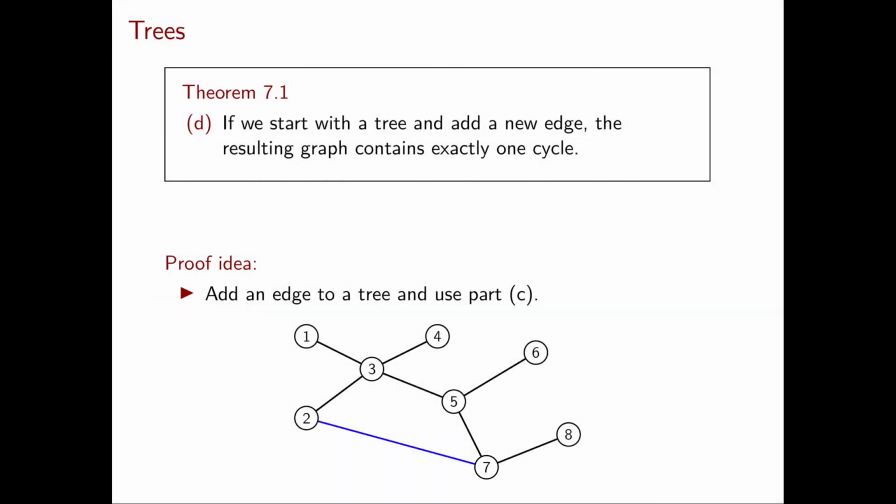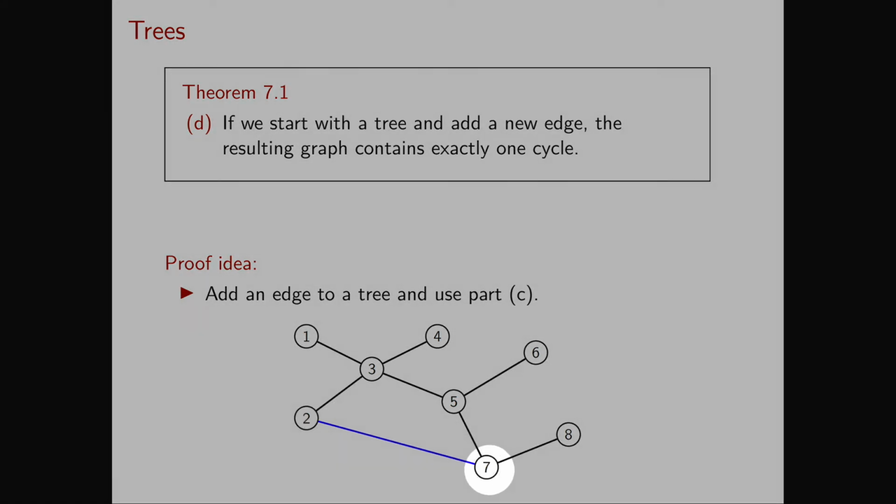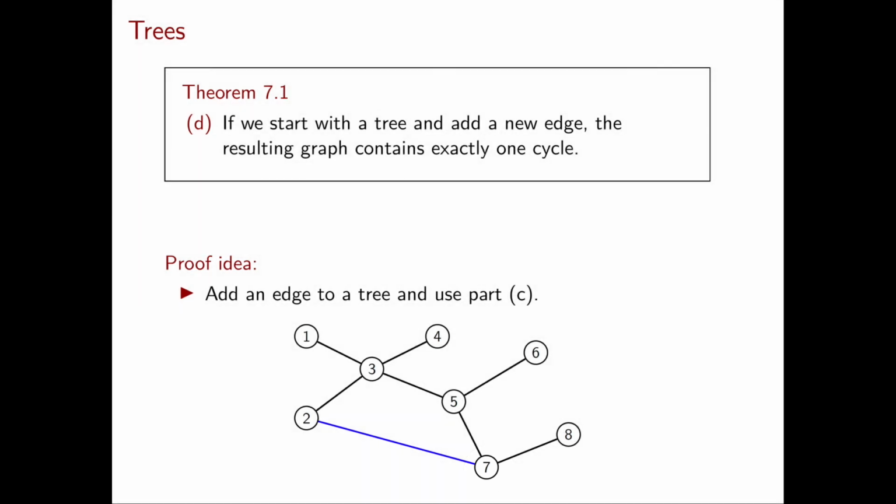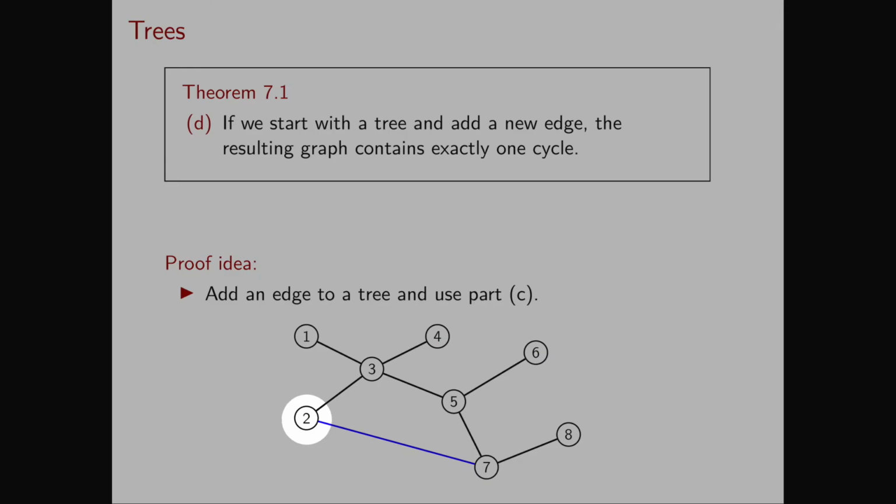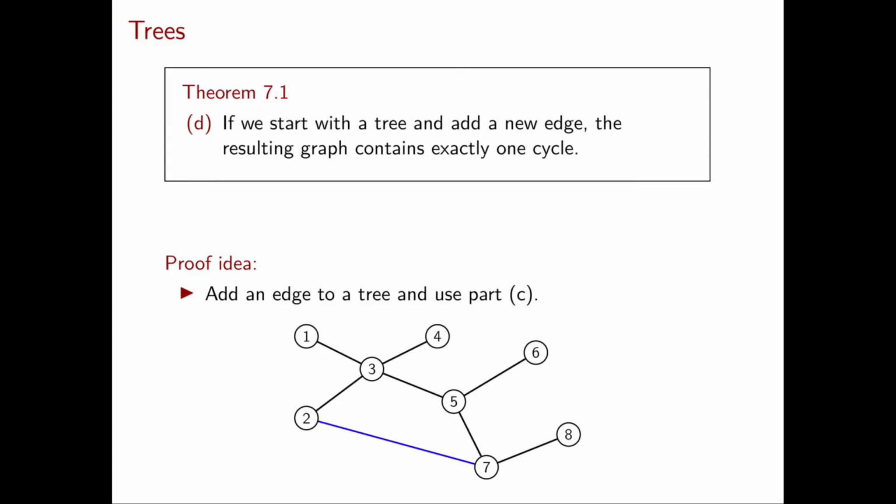Since the original tree didn't contain any cycle, every cycle in the new graph must traverse the edge 2, 7. This means that such a cycle must be formed by the edge 2, 7 and then by a path from 7 to 2 that doesn't contain the edge 2, 7. So such a path is a path in our original tree connecting these two nodes.